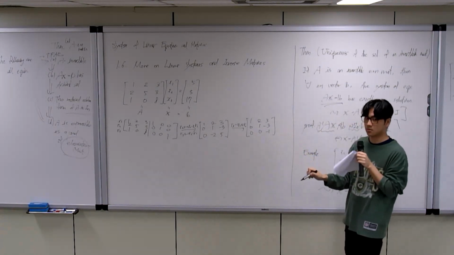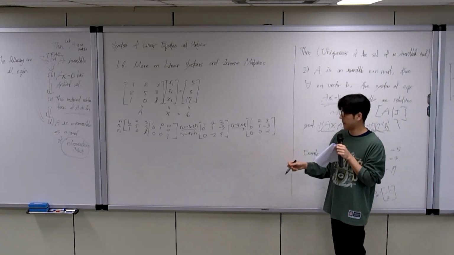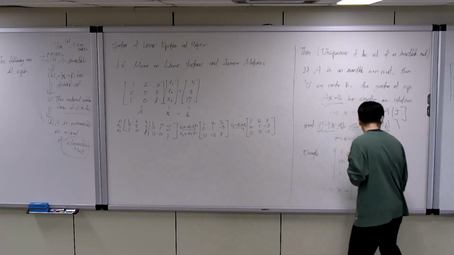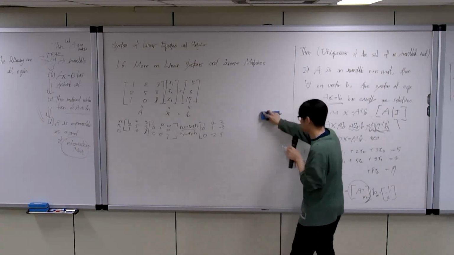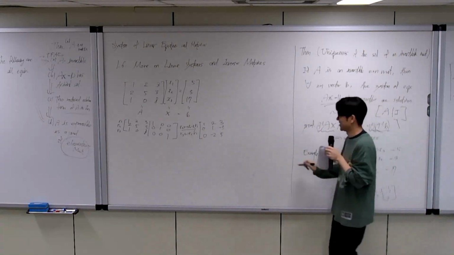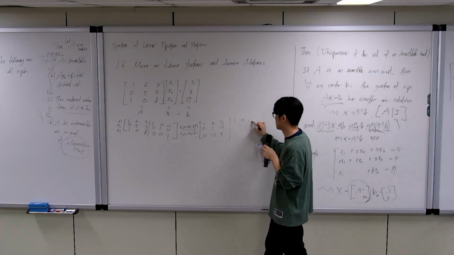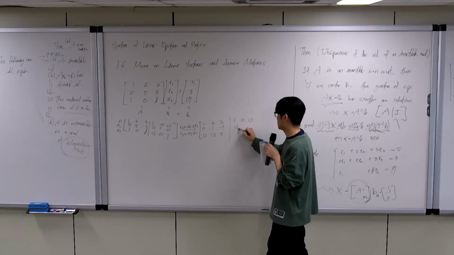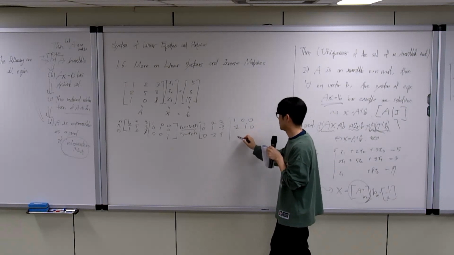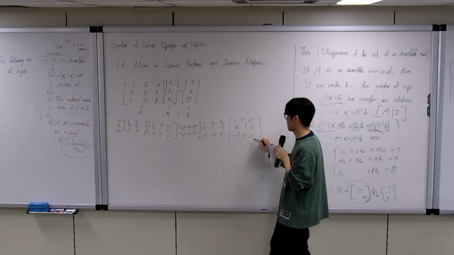Forgot something. The right side. Okay, I forgot the right side. I just made the identity. 1 0 0, minus 2 1 0, minus 1 0 0. Okay, thank you.